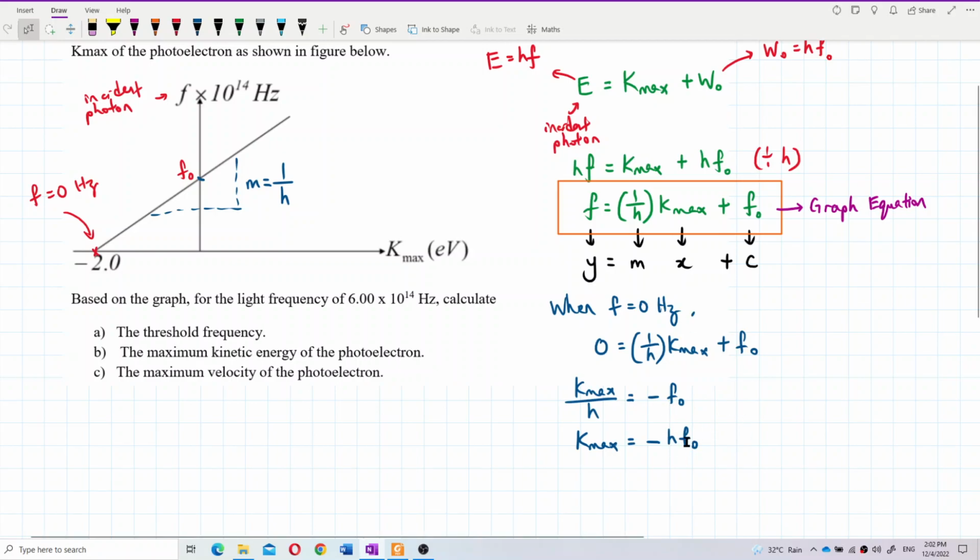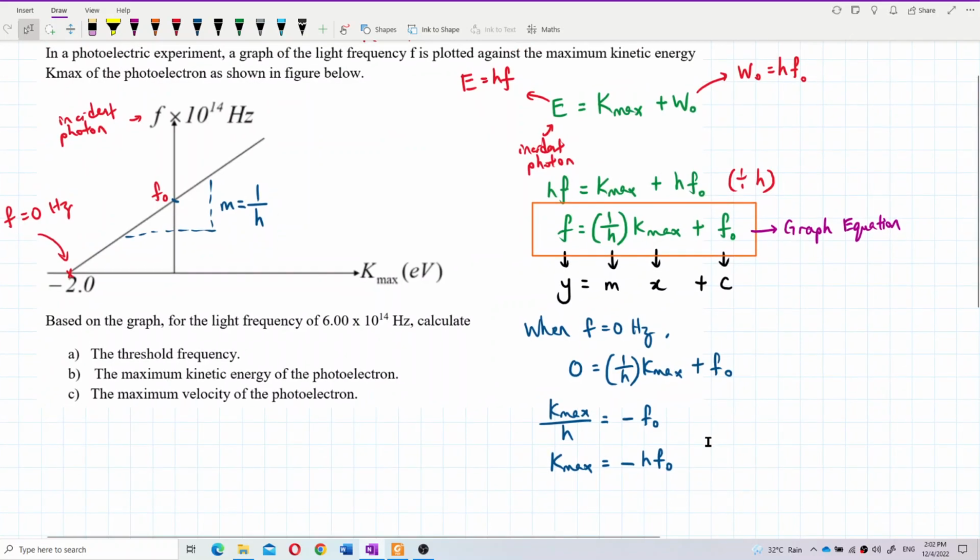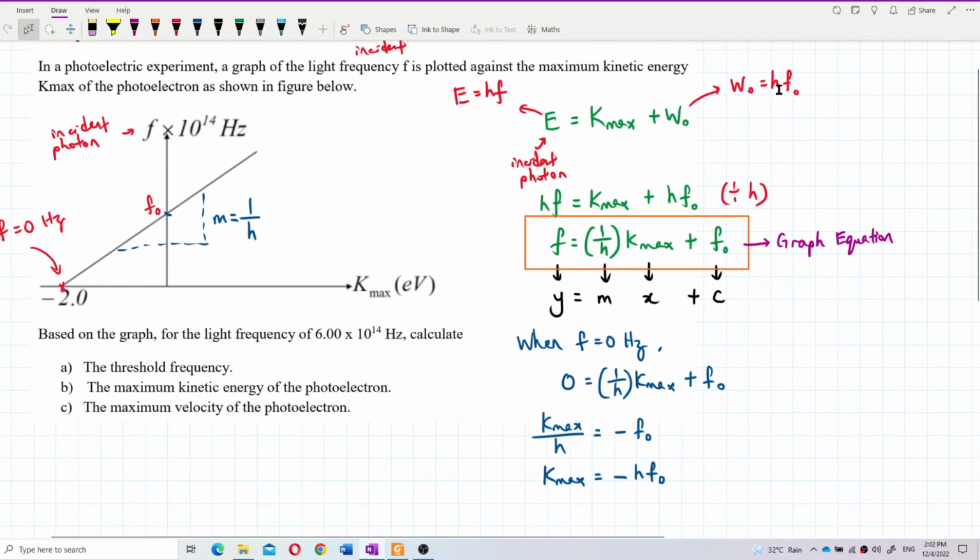What is this value, hF naught? Remember what is hF naught? hF naught is actually W naught. So that means this Kmax value here is negative W naught. You understand? This part is the W naught.